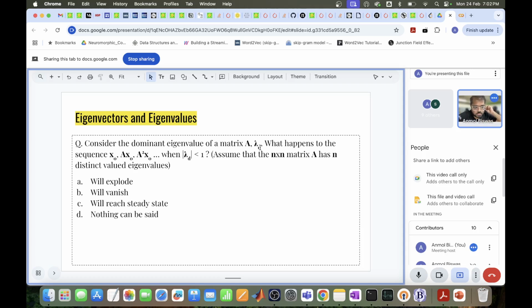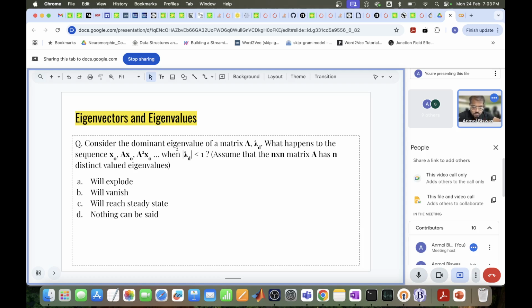Obviously, in the previous question we have already seen that the definition of dominant eigenvalues does not care about the sign. So we care about the absolute value rather than the signed value. That's why the specification here is that the absolute value of lambda d is less than 1.